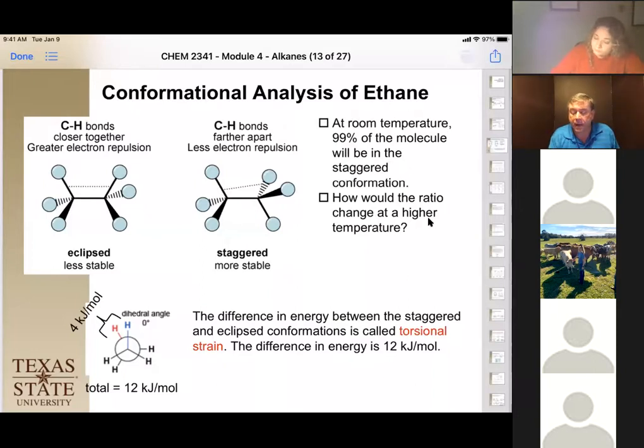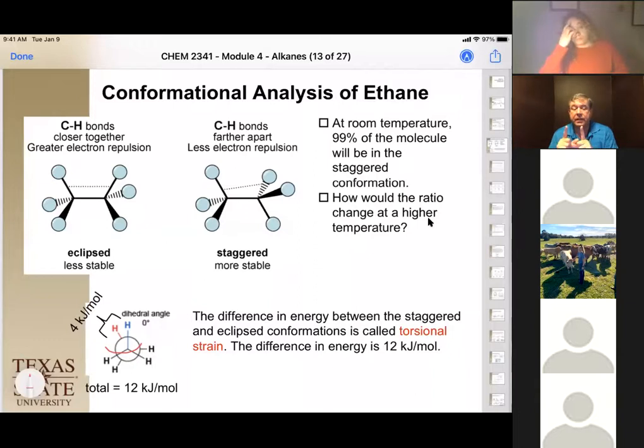Now, why do we say that it takes more energy? Okay, let's look at that on the side here. So if we start in our staggered position here with our two hydrogens away from each other, and we move them closer together like this, what happens is they spread out. This is called torsional strain, because these two hydrogens are now electronically starting to butt up against each other.